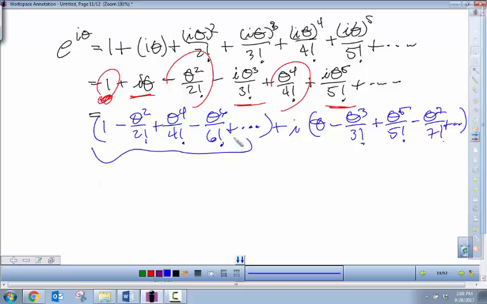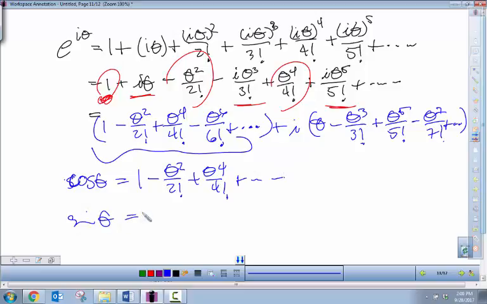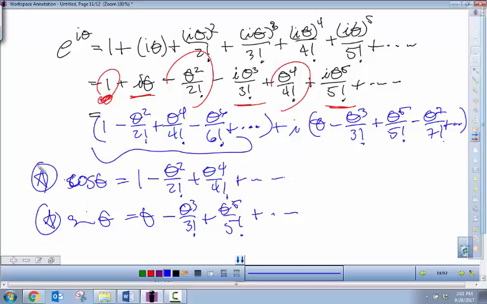So what that comes up with is, if you remember your series, cosine theta is equal to 1 minus theta squared over 2 factorial plus theta to the 4th over 4 factorial, etc. And then sine theta is equal to theta minus theta cubed over 3 factorial plus theta to the 5th over 5 factorial, etc. And these two are going to be important series for us later on as well.